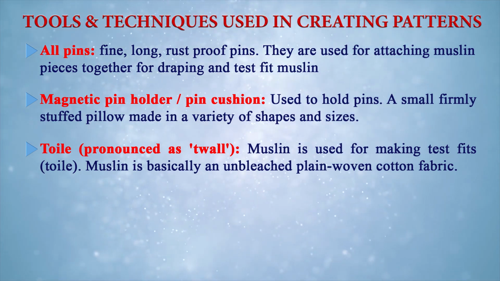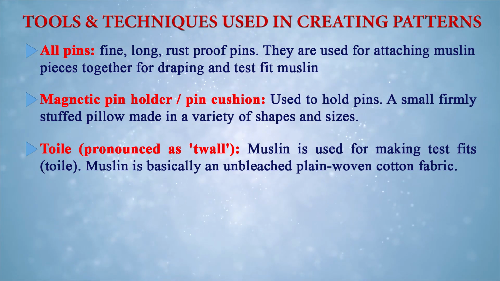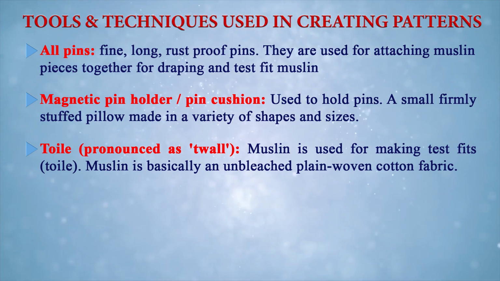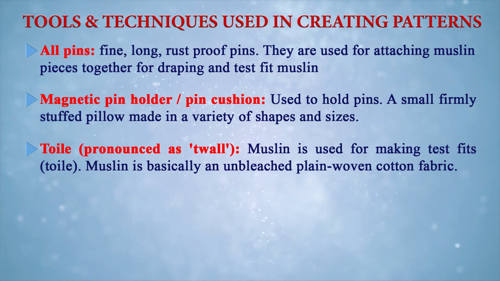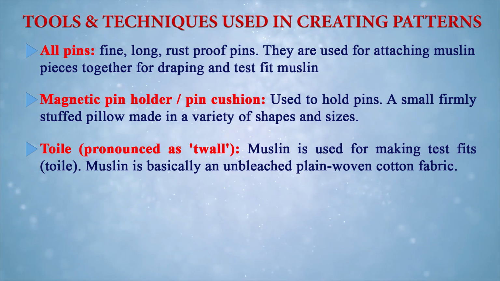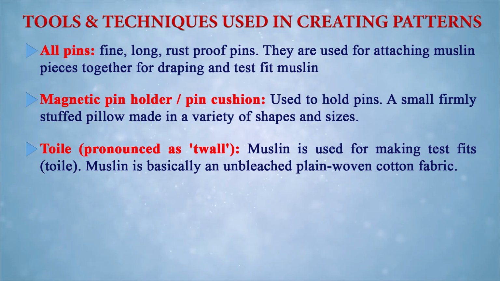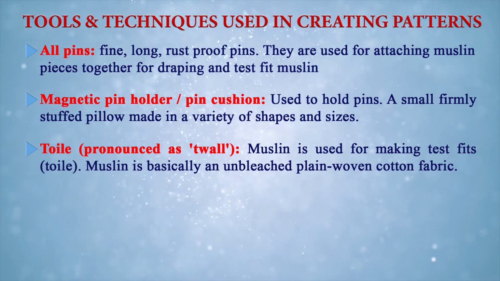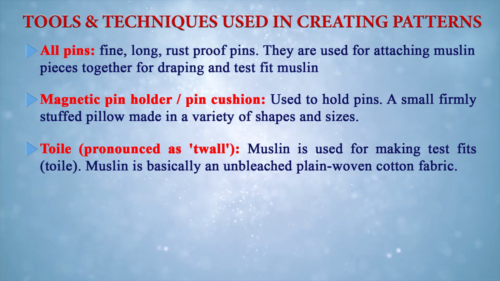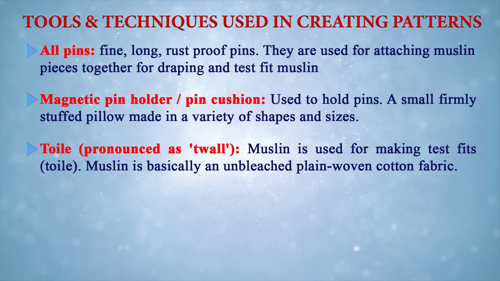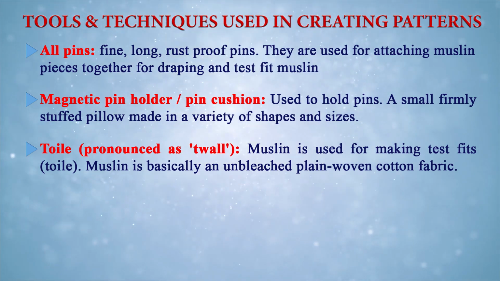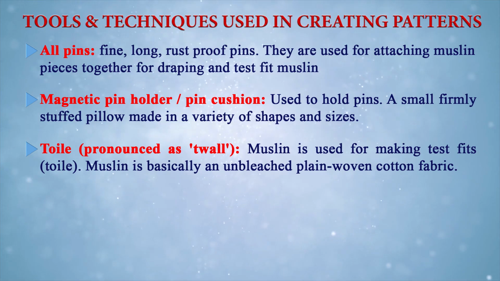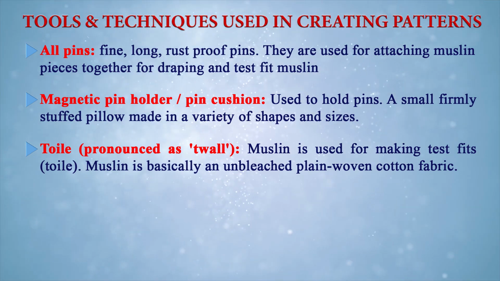Before developing a final design on the final fabric we want, we make a test fit garment to check whether the technical things or the pattern we have developed is proper or not. That test fit garment is made out of the toil fabric, which is also known as the muslin fabric.